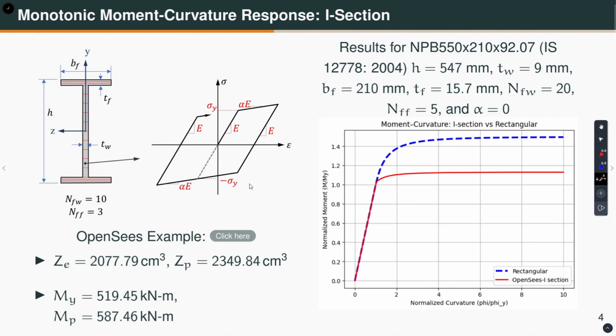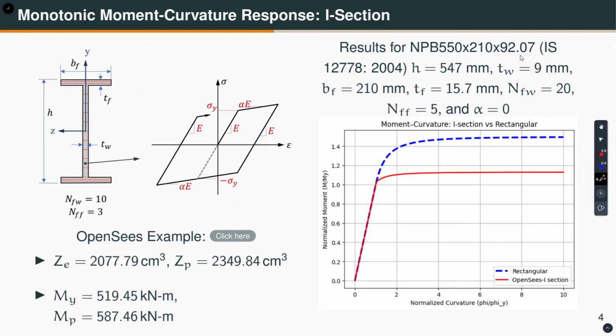For this example, I have taken the NPB 550 by 210 by 92.07 section, which comes out of IS 12778 2004. This is a narrow parallel beam section, this is the nominal depth, this is the nominal width of the flange, and this is the weight per unit run in kg.